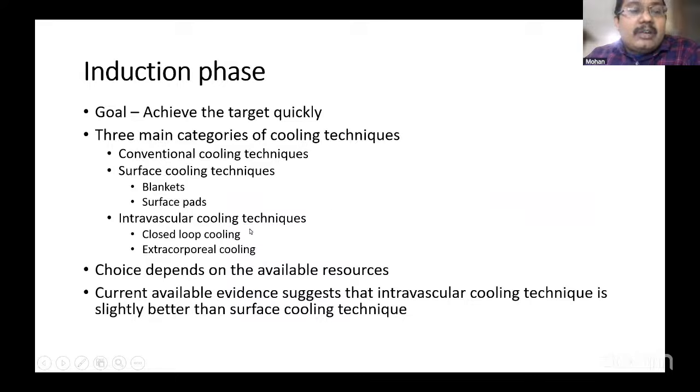Also, a much better one is intravascular cooling techniques, where there is closed loop cooling as well as extracorporeal cooling. Which one to choose depends on the available resources you have. Although current evidence says intravascular cooling is slightly better than surface cooling, ultimately what matters is that you choose based on the available resources.